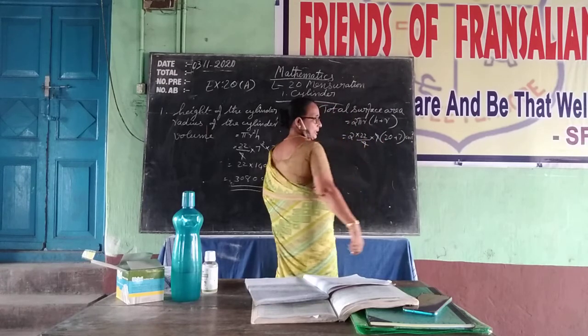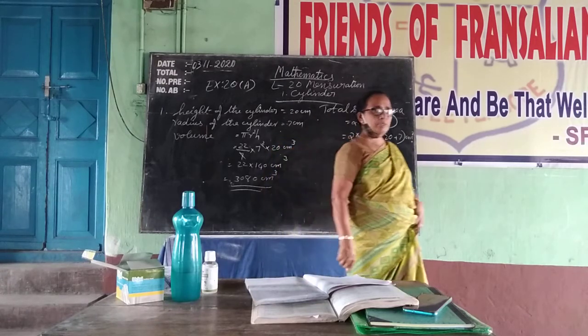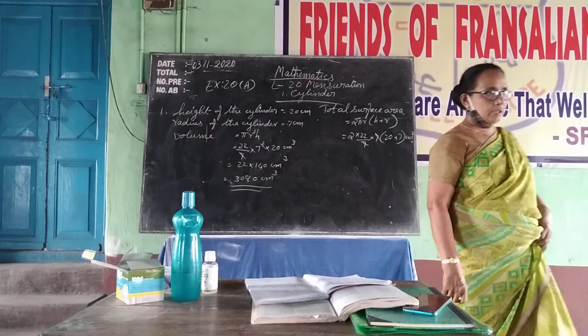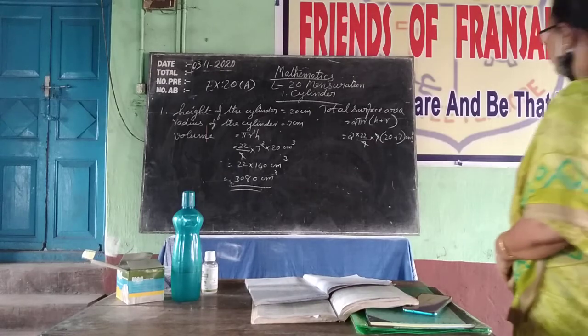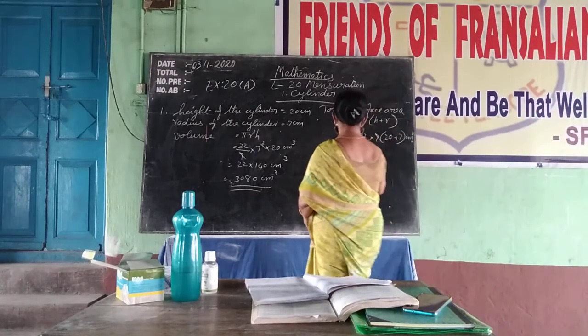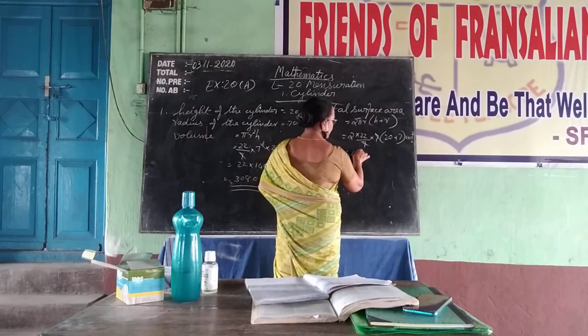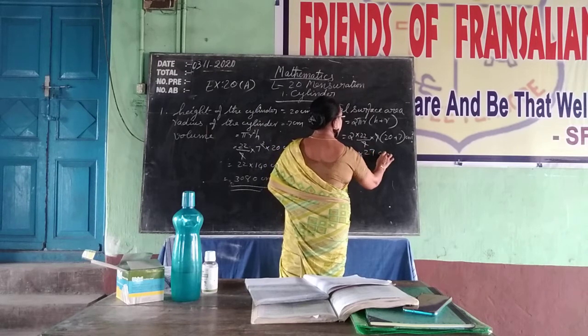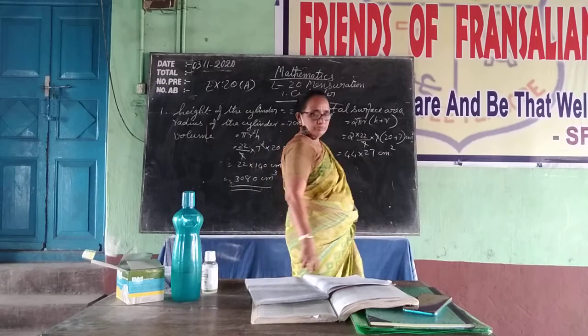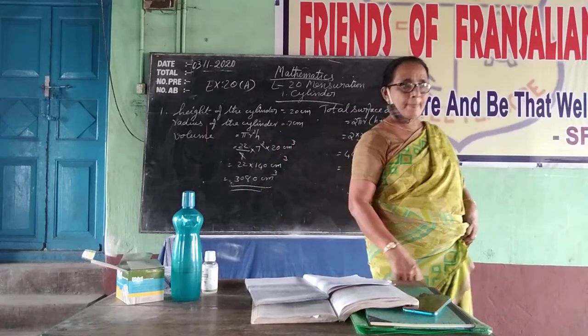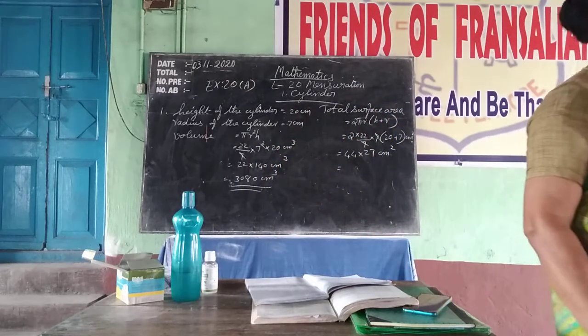Unit also is very important here. For area you have to write the square unit, and for volume you have to write the cubic unit. Into 27, 1000. Multiply and find out the answer. Otherwise, you will forget the multiplication table.